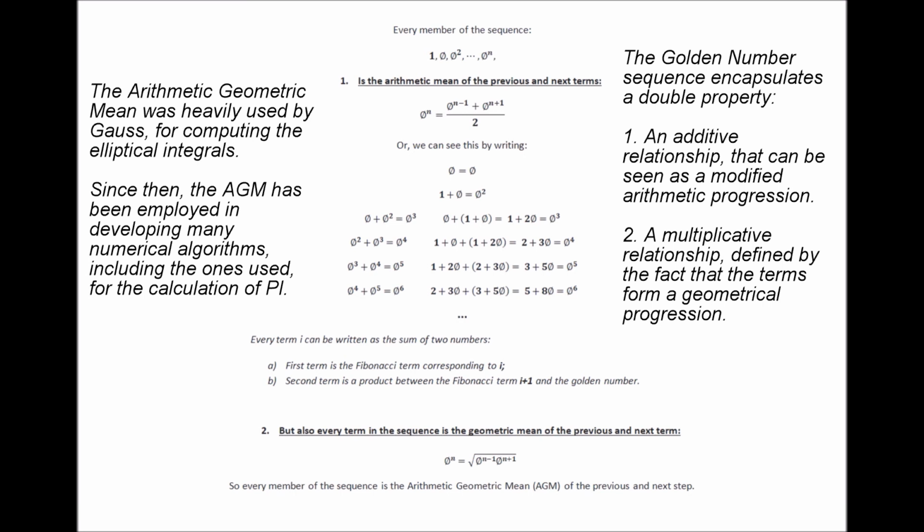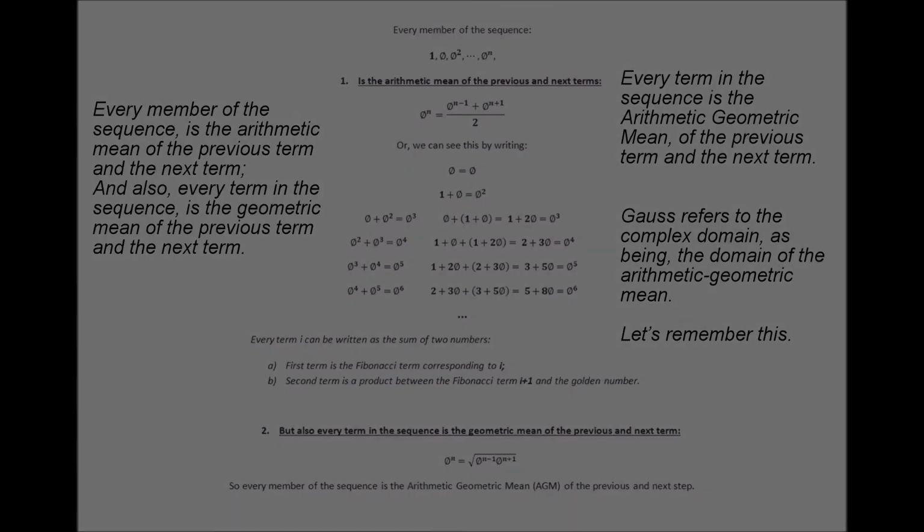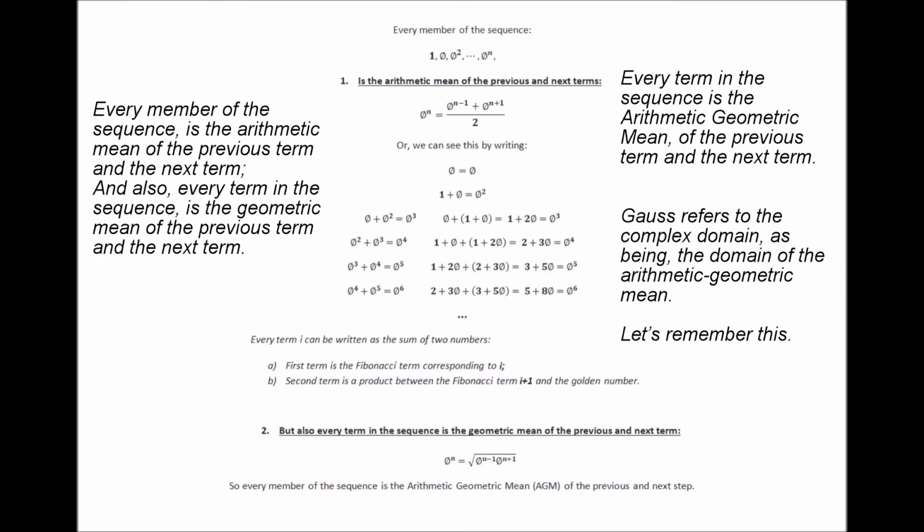The golden number sequence encapsulates a double property. One, an additive relationship that can be seen as a modified arithmetic progression. Two, a multiplicative relationship, defined by the fact that the terms form a geometrical progression. In other words, every member of the sequence is the arithmetic mean of the previous and next terms.